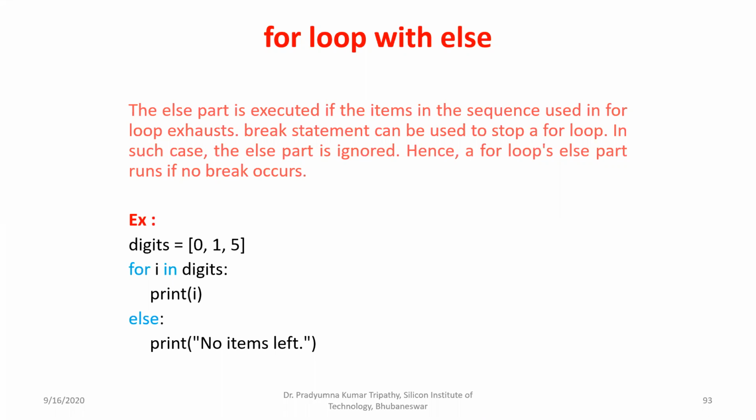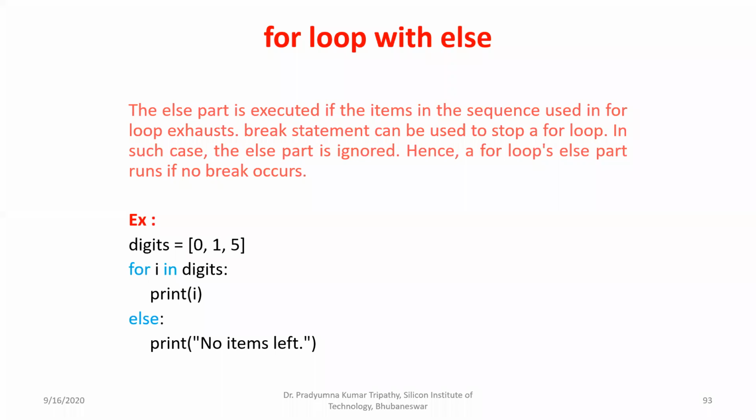This says that the else part is executed if the items in the sequence used in the for loop are exhausted. That means if I have some sequence of items, maybe in a list, it is iterating over each item in the list. Suppose it is over, then it will come out. While coming out, it will go to the else part, execute it and come out.